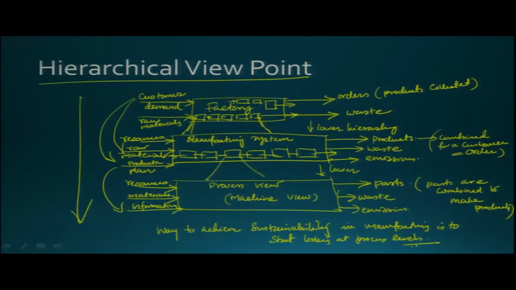If you are able to achieve sustainability at the process level itself, then processes combine to become a manufacturing system or a production line, and production lines combine to become a factory. As you move up in the level of hierarchy, higher up in the level of abstraction, you will be able to obtain sustainability for the entire factory level.